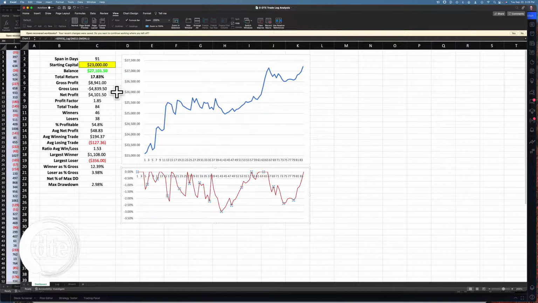So I guess if you were to extend that out to 12 months, let's do that. 17.83 times 4 would result theoretically at the end of the year, if I continue doing this level of performance, about a 70% return on this account. So that's not bad.